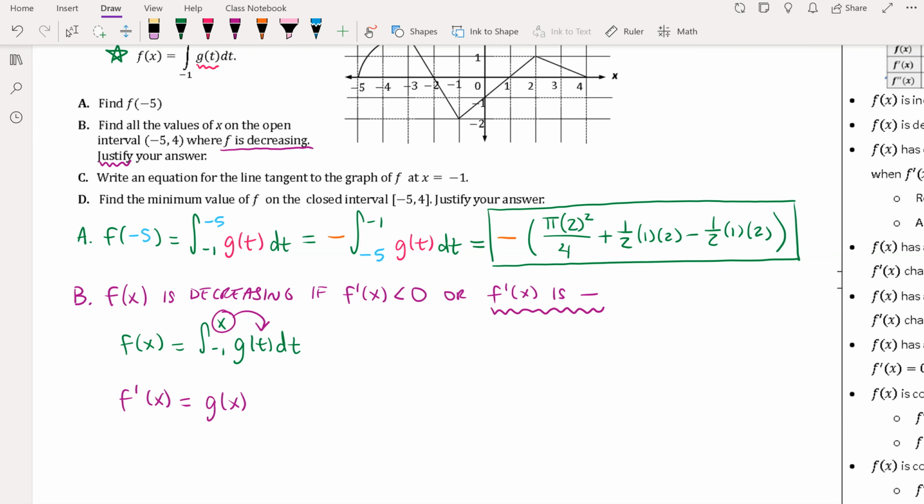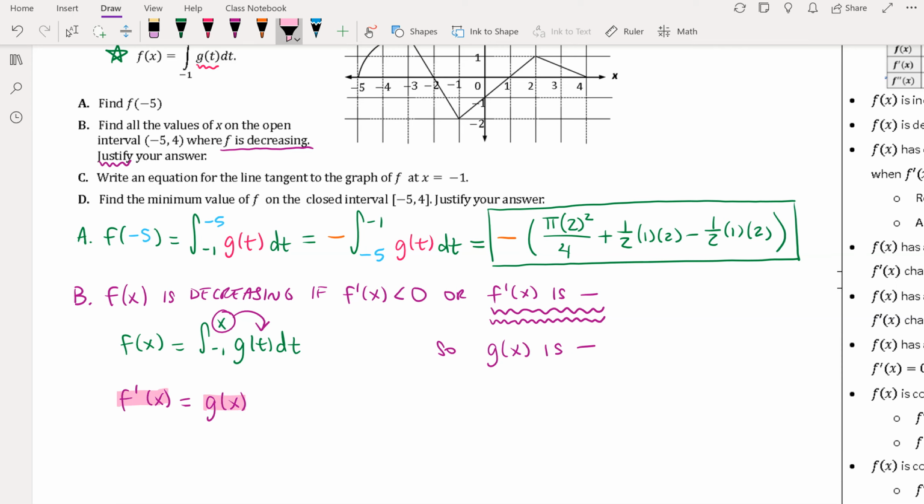So how did that help us? Well, we needed to know where f prime is negative. This is the same thing as saying, so let's go over here. We're going to write the equivalent statement. So f prime is the same as g of x, right? So where g of x is negative. I can replace those, f prime equals g of x.